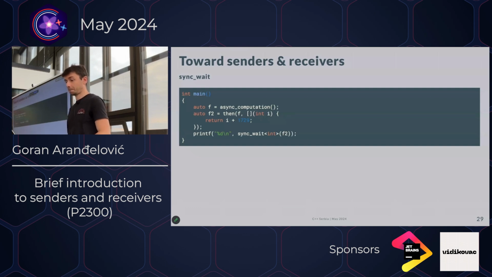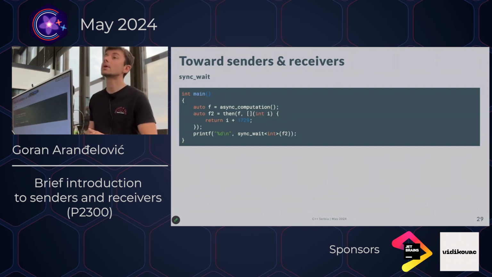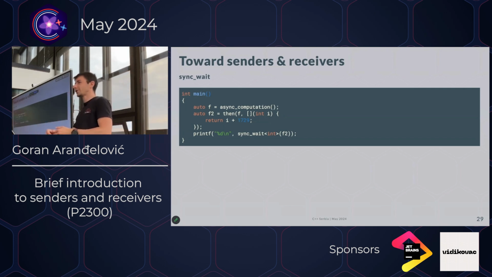Yes? And just to confirm, these algorithms are in the proposal? Yes. So these are really contrived examples and not production-ready things, but actually this is how the then algorithm, for example, is implemented in the proposal.